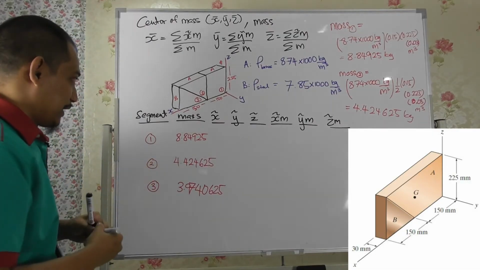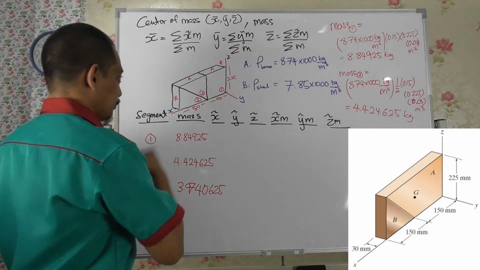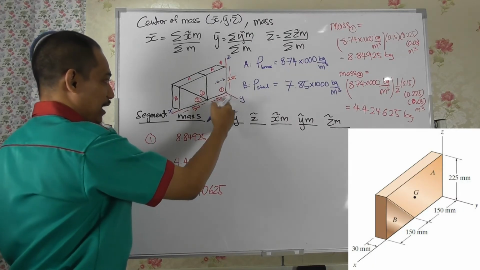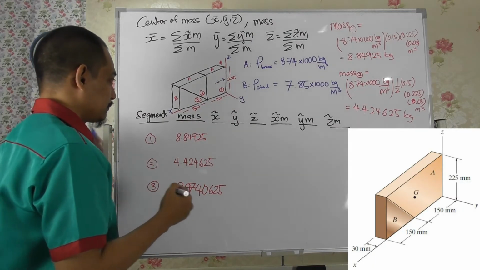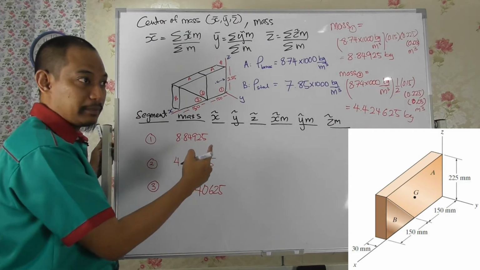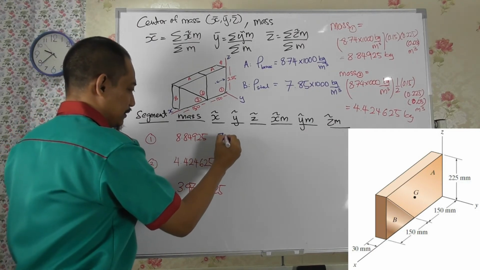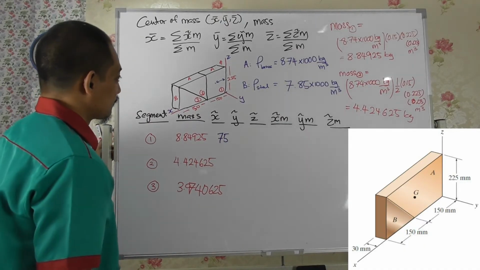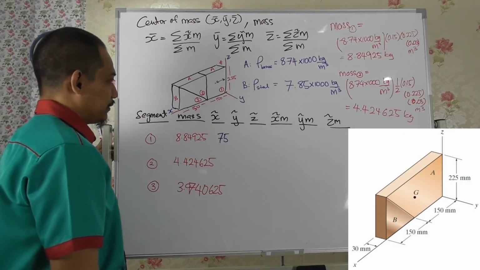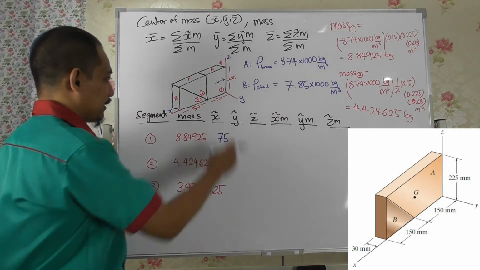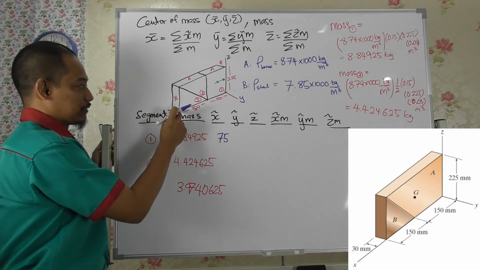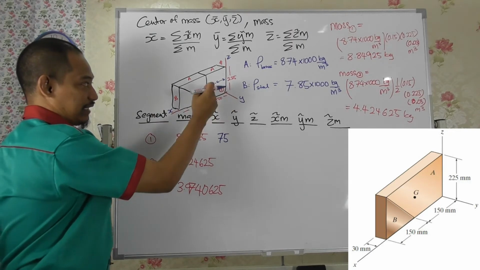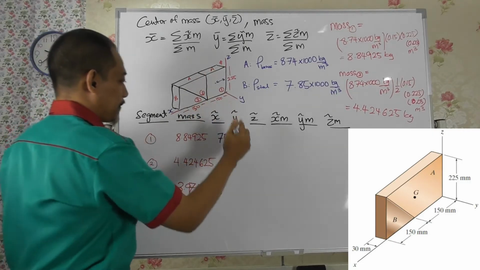Because the centroid is somewhere in the middle, the x should be half of 150, which in millimeter is 75. The y coordinate will be on the negative side, in the middle of the thickness, so negative 15.